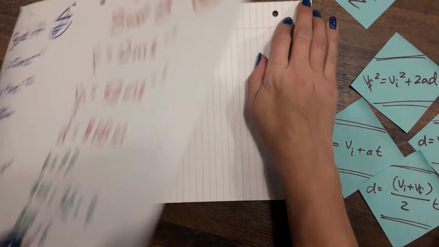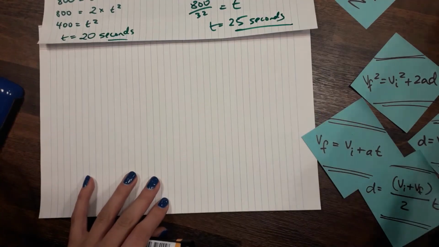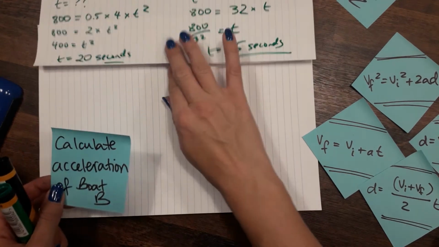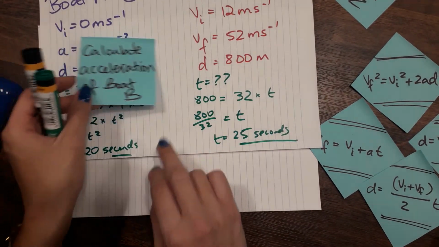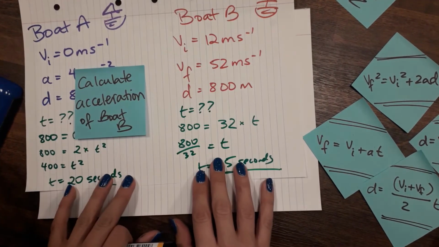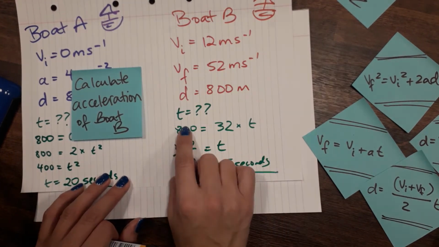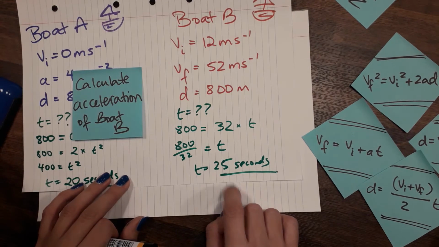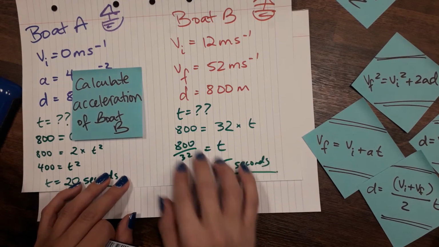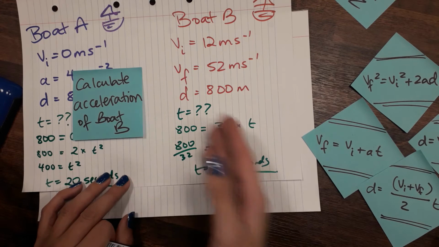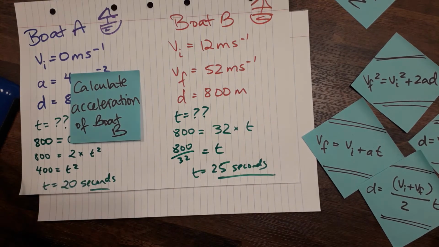Another question in this iPad about these boats was for you to calculate the acceleration of boat B. Now that we have T, you could use T, but if you've made a mistake calculating this and then use the wrong value for T, that's going to mess up your answer.